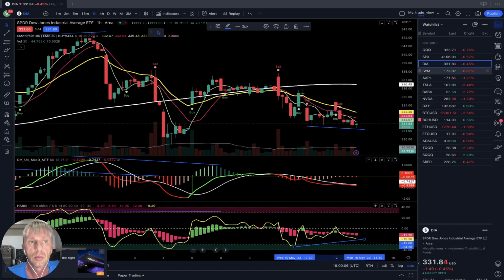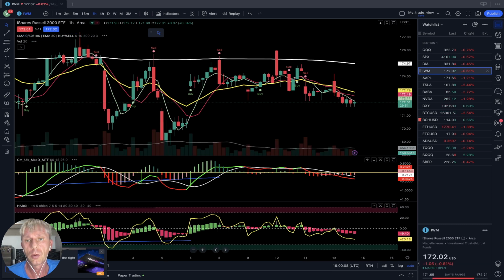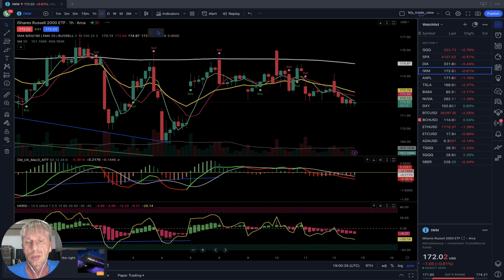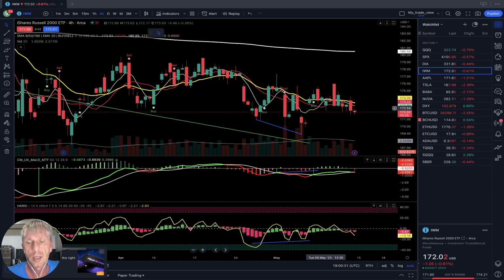IWM 1 hour time frame. IWM is the weakest index from my list because on all time frames, all moving averages are below 200. Look at the 1 hour time frame, all moving averages below 200. All indicators bearish, bearish trend. 4 hours time frame: all moving averages and bars below 200, bearish trend.